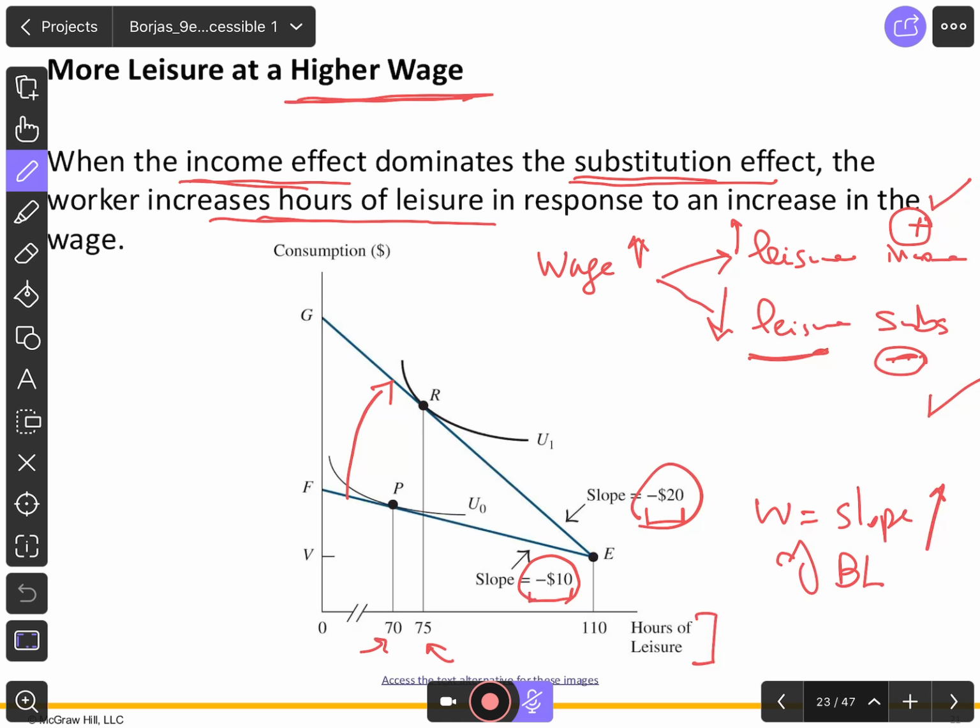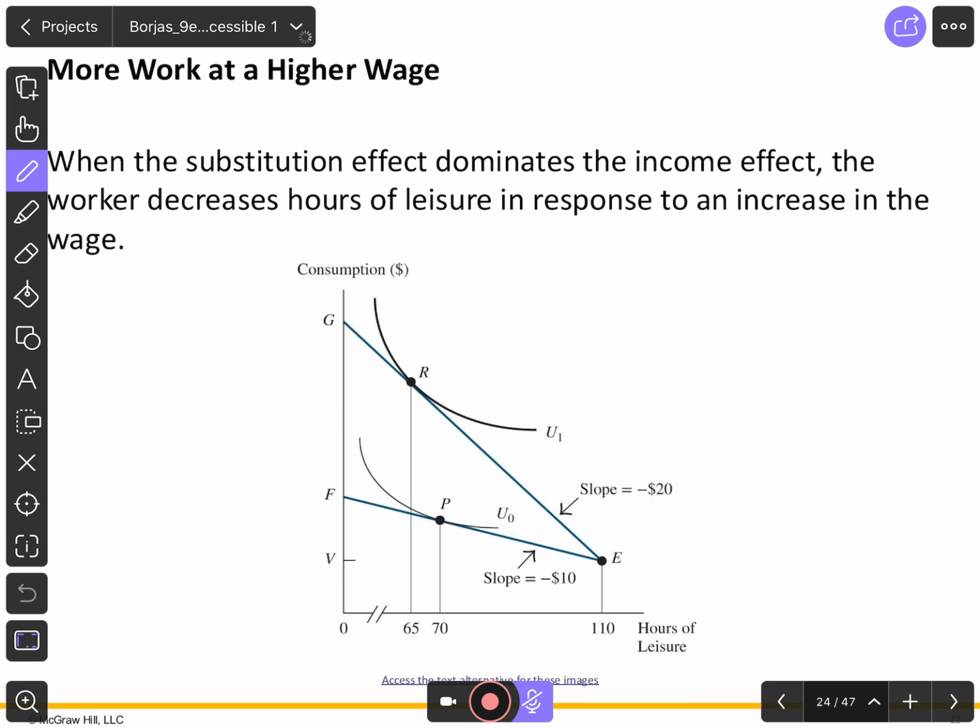So they demand more leisure time. We can also have another possibility where you start at 70 but end at less leisure time. In this situation, substitution dominates the income effect. The negative effect is bigger than the positive effect, so you work less and demand less leisure.